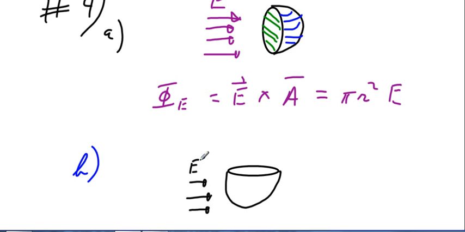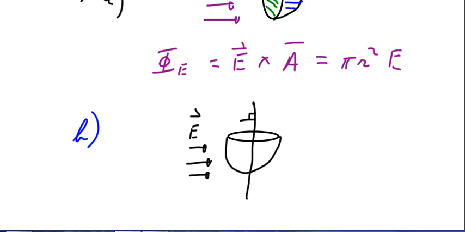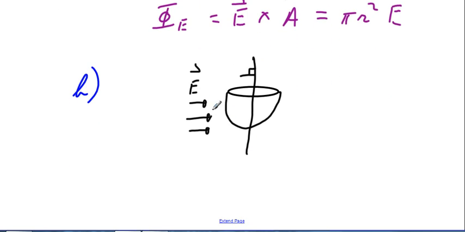What is the flux if E is perpendicular to the axis? So the axis is like that, and my E is perpendicular to the axis. In this case, anything that comes in comes out, and because of that, the flux is going to be 0.